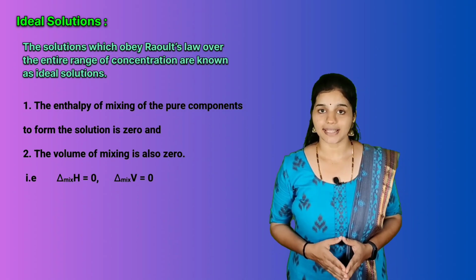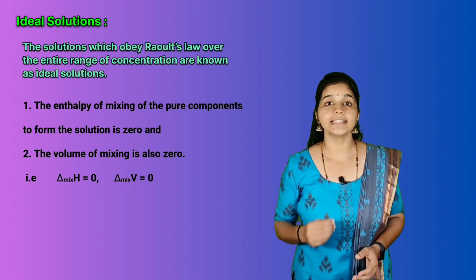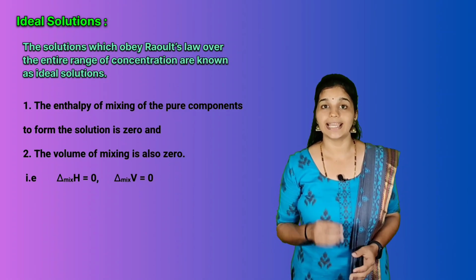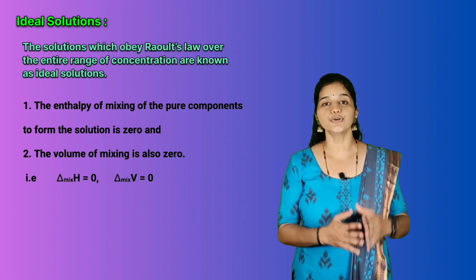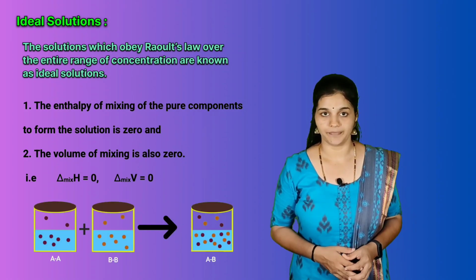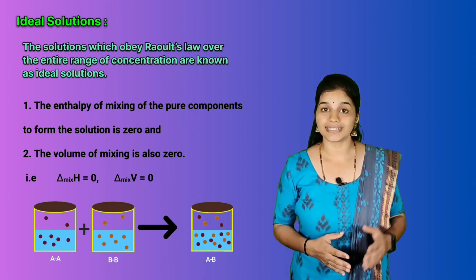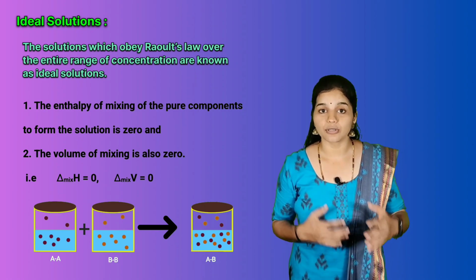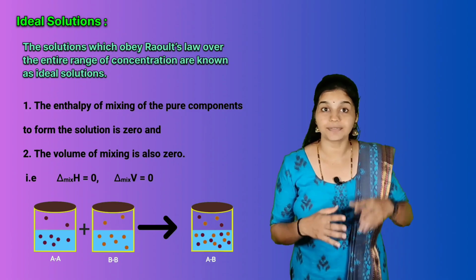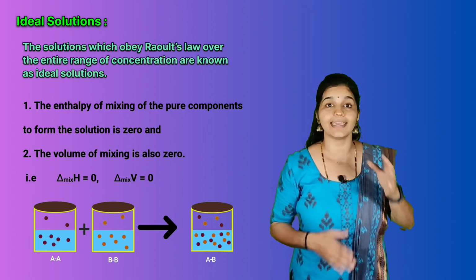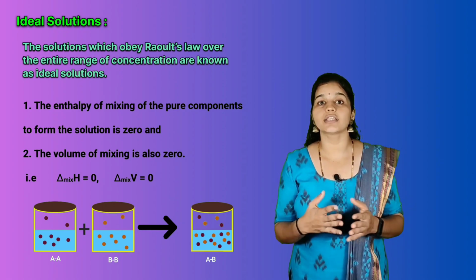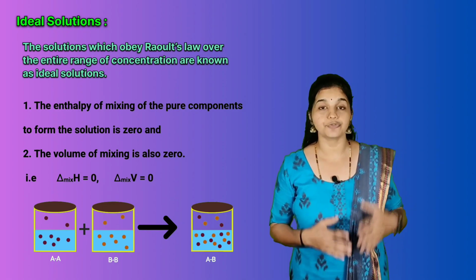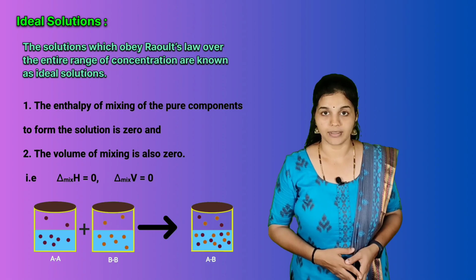Now, let us try to understand the ideal behavior of solutions at the molecular level by considering two components A and B. In pure component A, the intermolecular attractive interactions will be of the type AA, and in pure component B, they will be of the type BB.